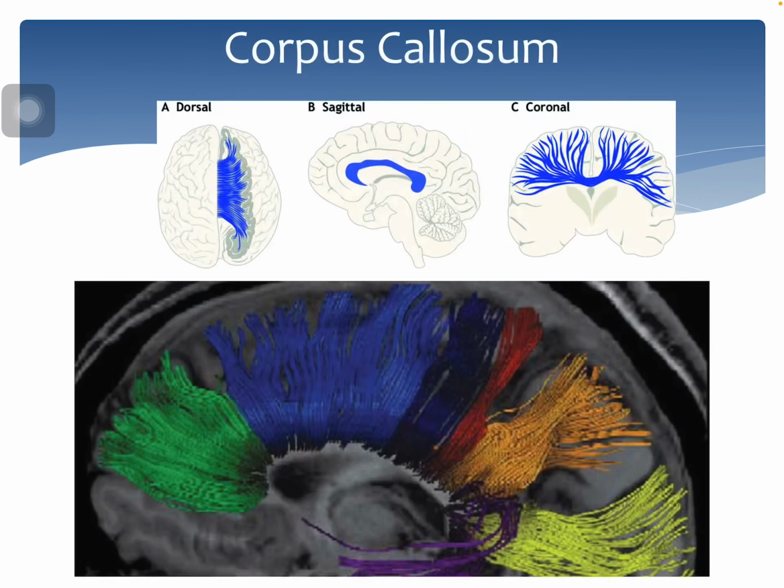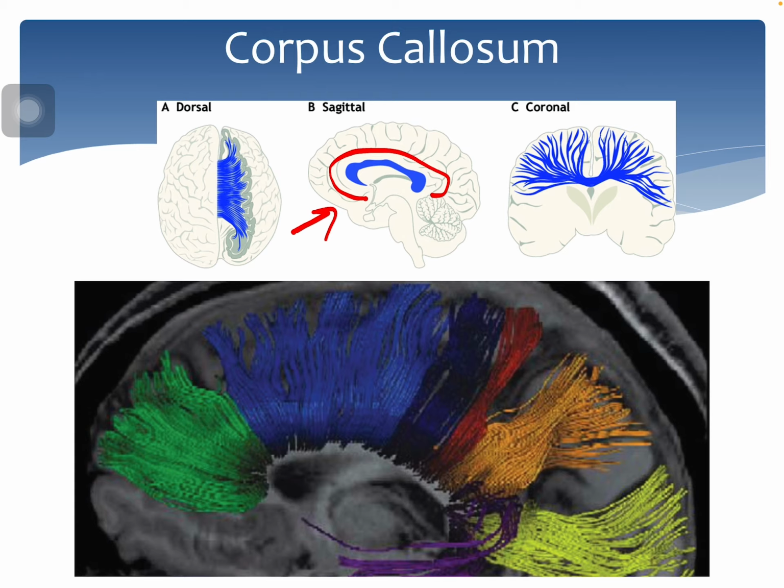So the corpus callosum is what binds together the two cerebral cortices, the two hemispheres. We typically show it in a sagittal plane, and you can't really appreciate how expansive the corpus callosum is when you look at it from this angle, because it looks like just a band.